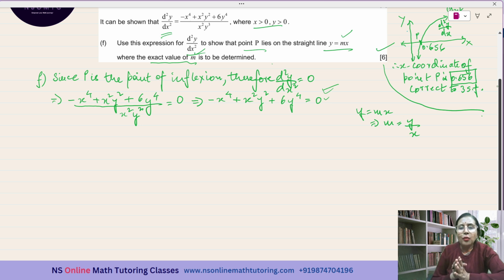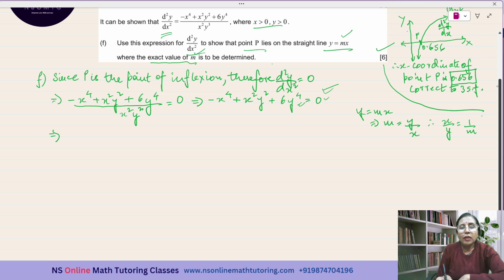Okay, so what I can do is, this is having x to the power of 4, so I can divide the entire equation by y to the power of 4, because this is the highest power of y. So it will be x over y whole to the power of 4, and x over y will be equal to 1 over m.